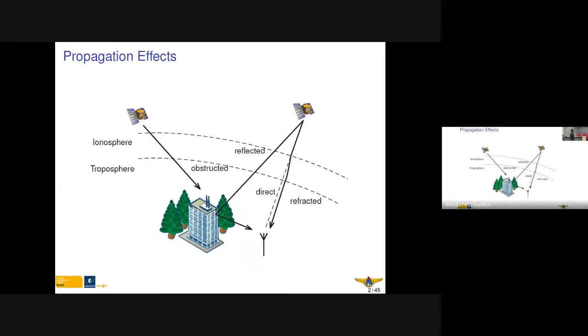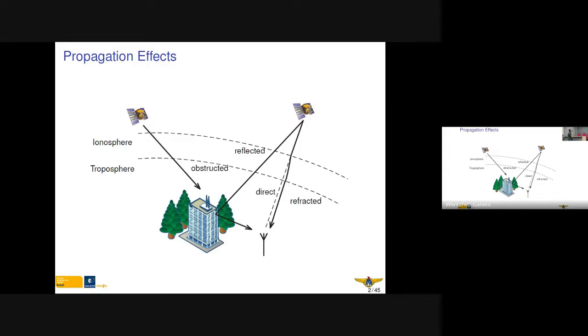This is the list of the effects that we have to consider when we talk about ranging, because we have to mitigate or correct all these effects in the receiver when we want to do ranging to a satellite.